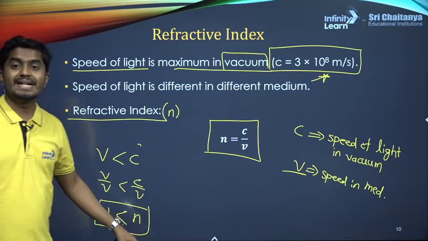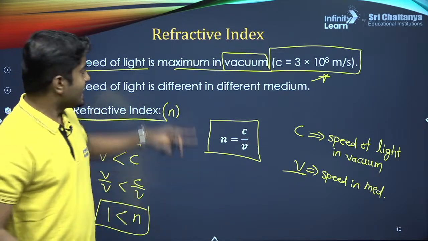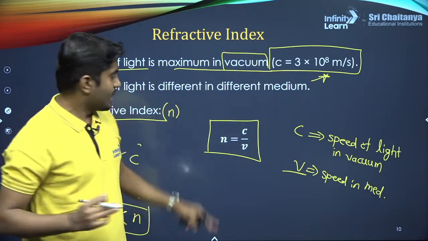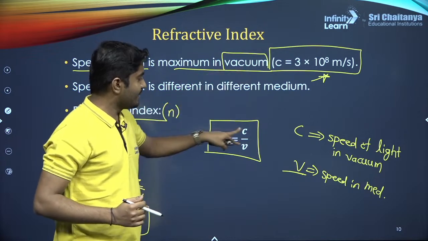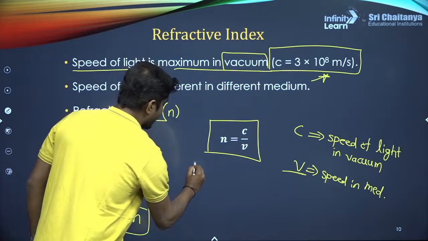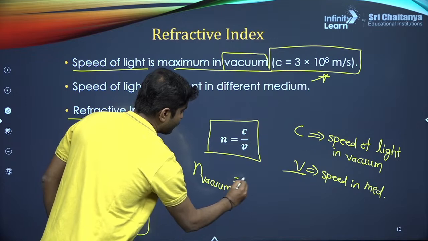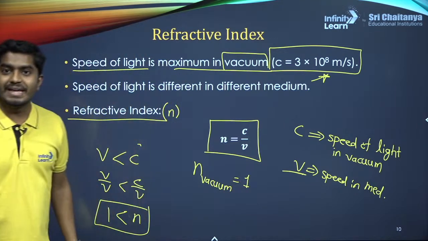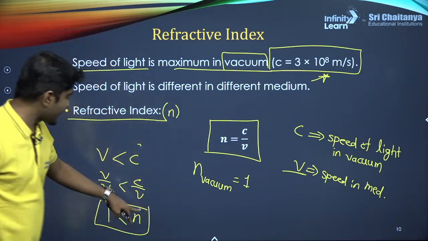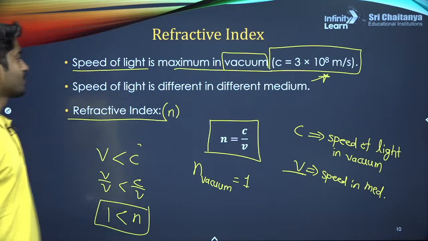So the refractive index of a medium is always greater than 1. If the medium is vacuum, then it is c divided by c, so the refractive index of vacuum is 1. For all the other media which are transparent, where light can pass through them, the refractive index is always greater than 1.